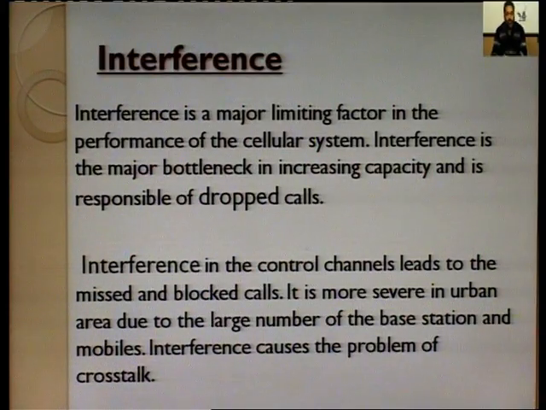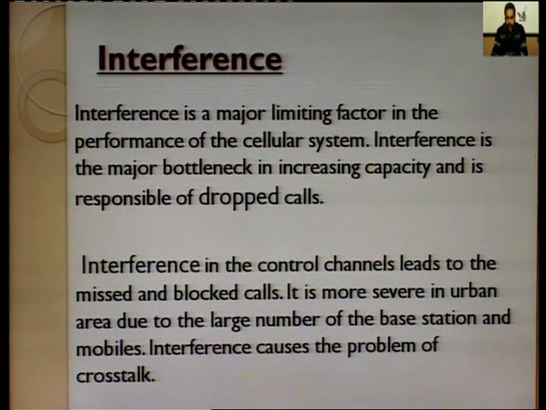Now, the next major issue in the cellular concept is interference. What is interference? Interference is a major limiting factor in the performance of the cellular system. If we evaluate the performance of the cellular system, the major point is interference, which makes the services poor in that area.